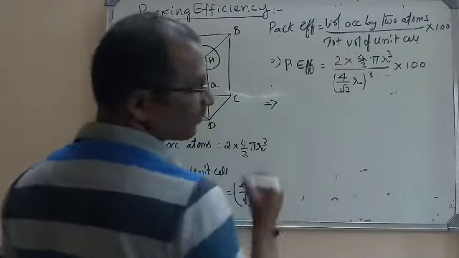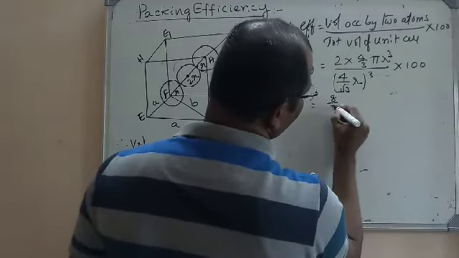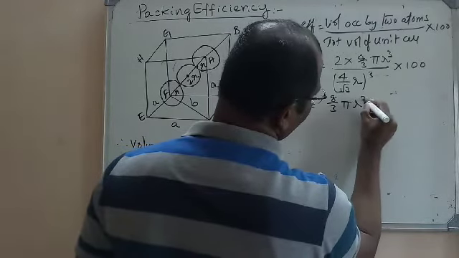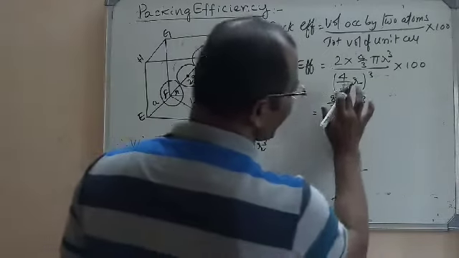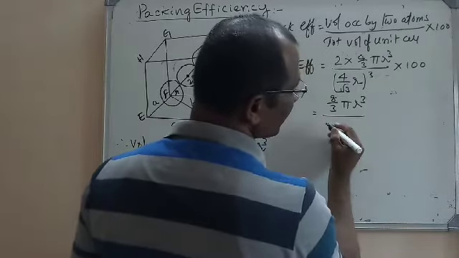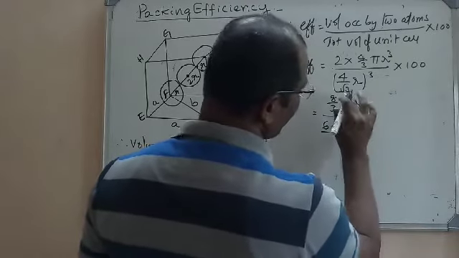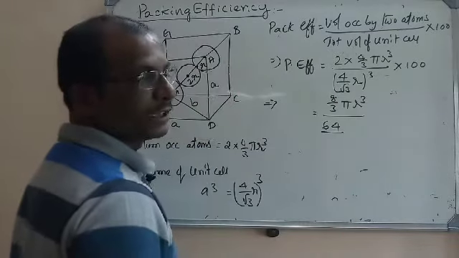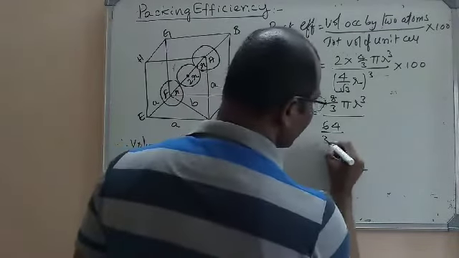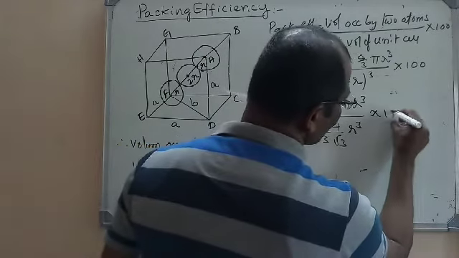Substituting, 2 4s are 8, so the numerator becomes 8 by 3 pi r cube. The denominator is 4 cube, which is 4 into 4 into 4, that is 64, divided by root 3 whole cube, root 3 into root 3 into root 3, nothing but 3 root 3 r cube, into 100.